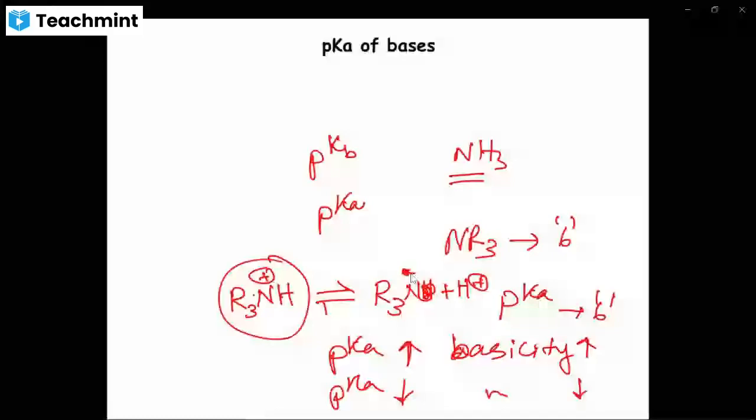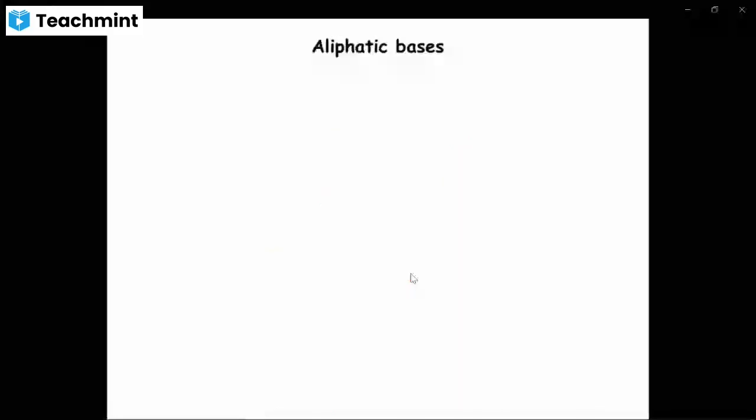Now again, for aliphatic bases, what are the aliphatic bases? Generally the amines are the aliphatic bases. Amines are considered as the aliphatic bases. Okay. And for amines, you will see that as you put R groups on the amine, what will be the order? Let's say you have three amines.